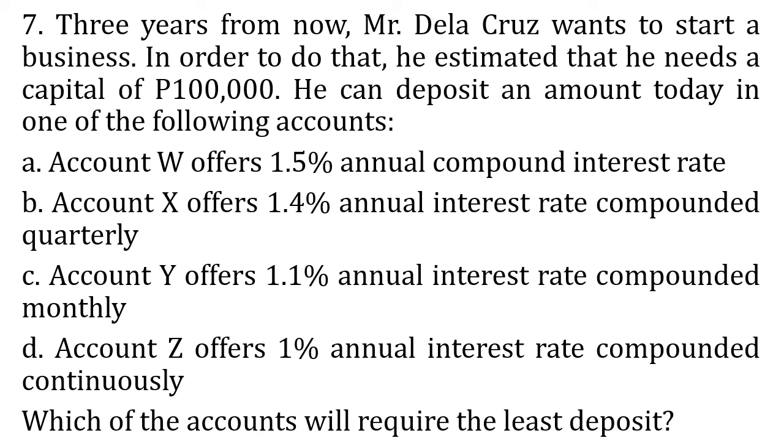Account Y offers 1.1% annual interest rate compounded monthly, and account Z offers 1% annual interest rate compounded continuously. Solve for those and you'll be able to answer the last question: which of the following accounts will require the least deposit? So you will be solving for P.